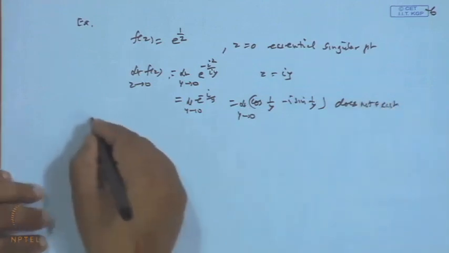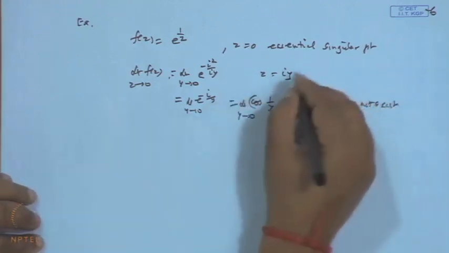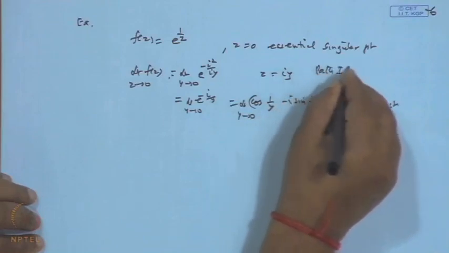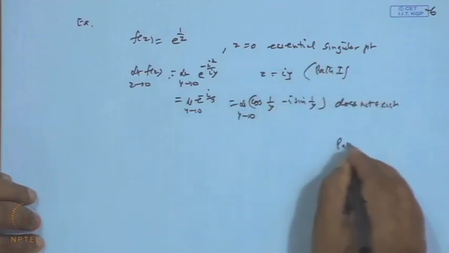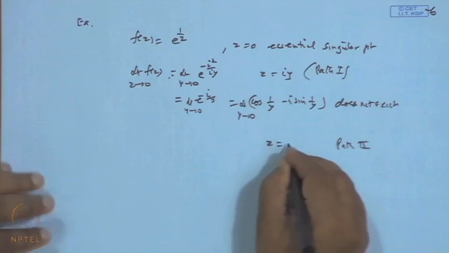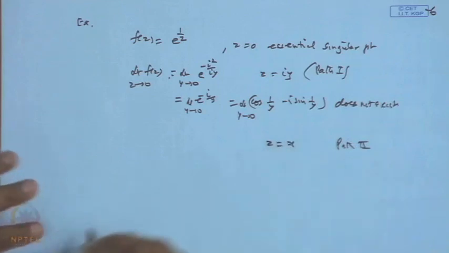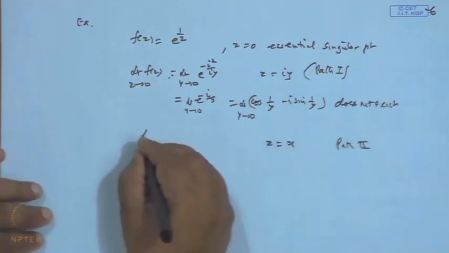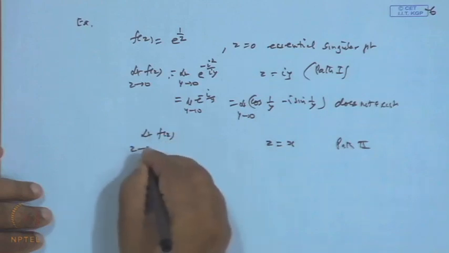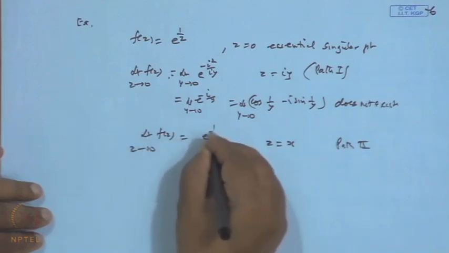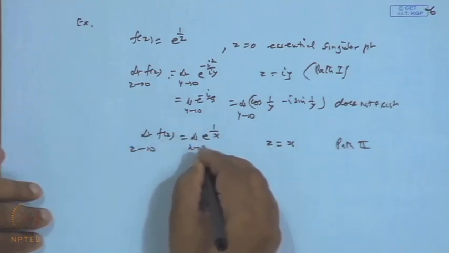However, if we choose the path, this is path 1. If we take path 2, z equal to say x, then what is the limit of this function f(z) when z tends to 0? It is e to the power 1 by x as x tends to 0.